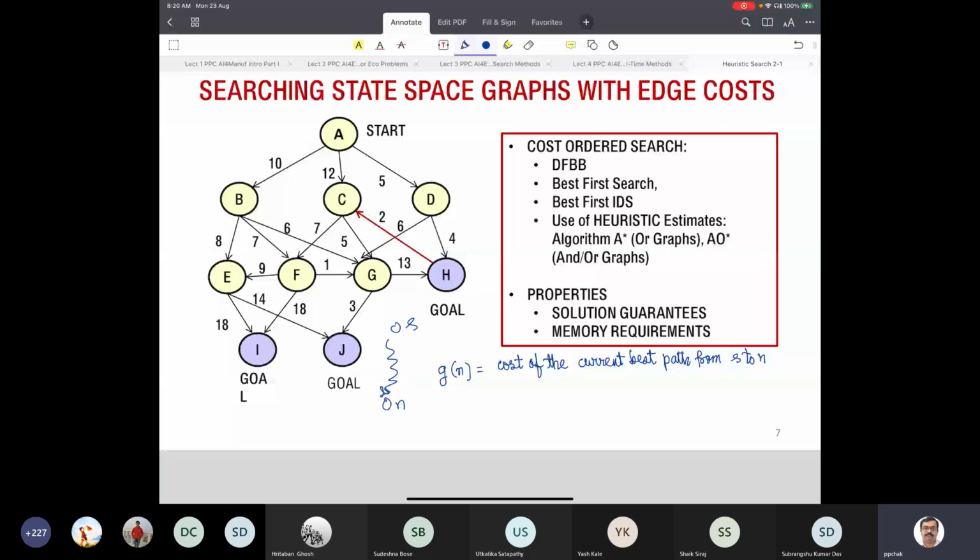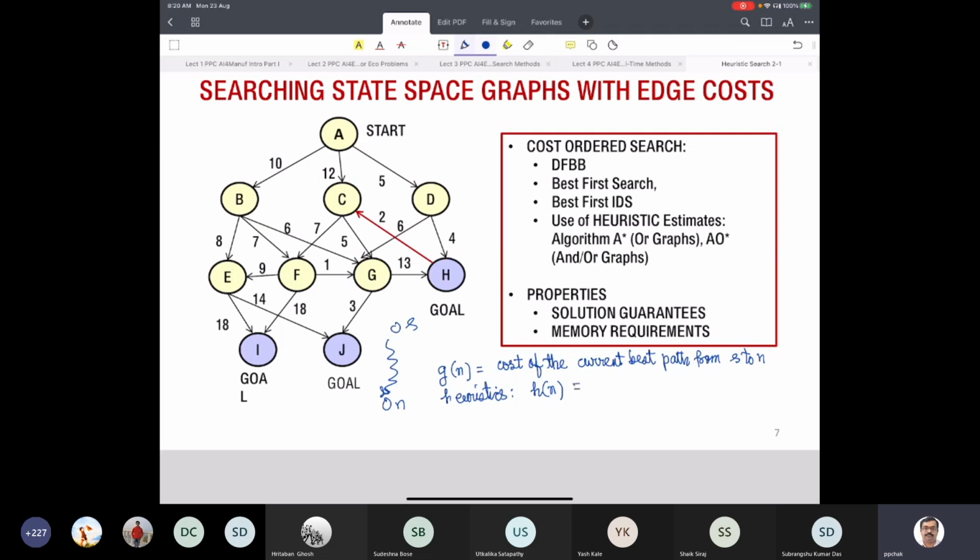from S to N. In addition, we will maintain what are called heuristics. So we will maintain another value called Hn at every n.